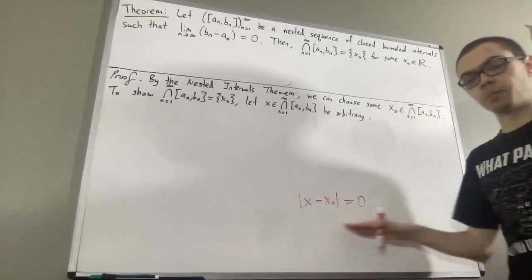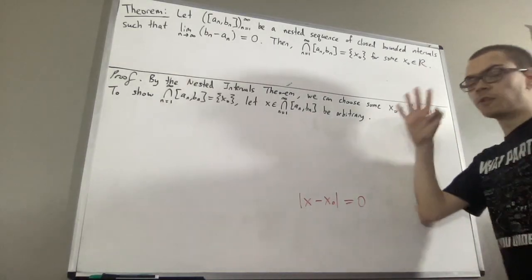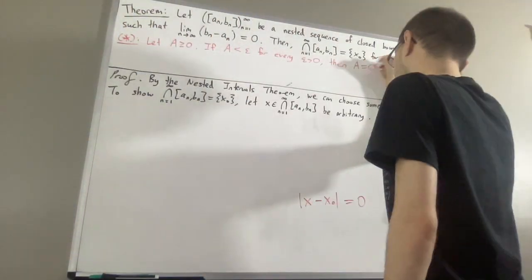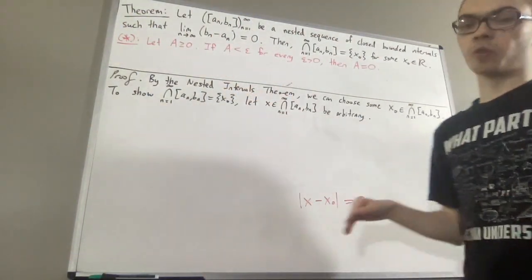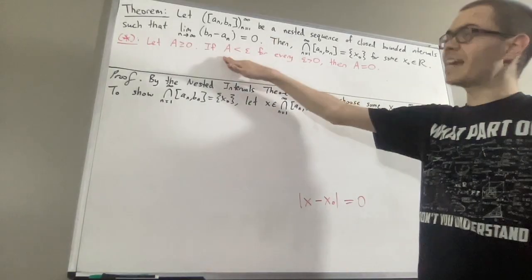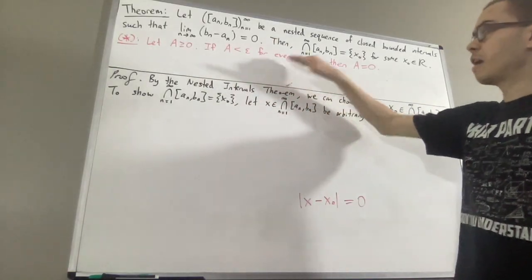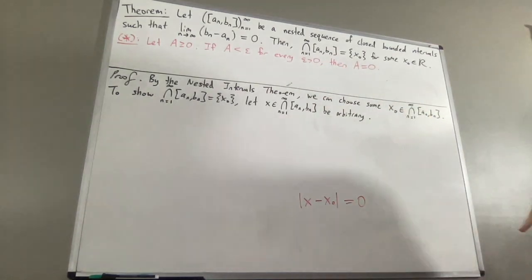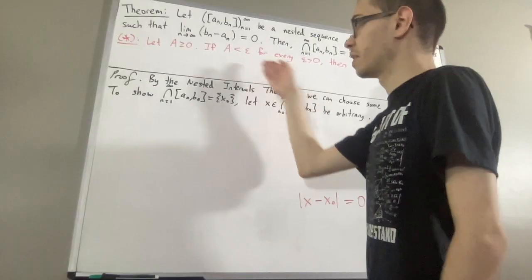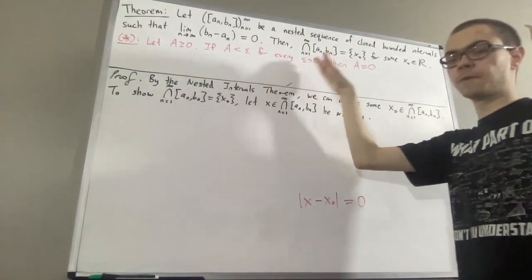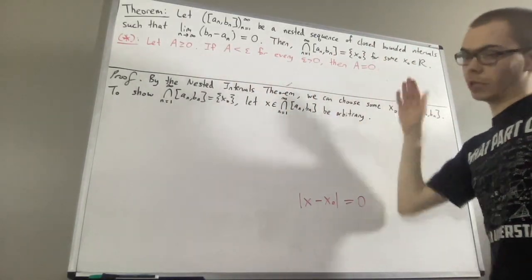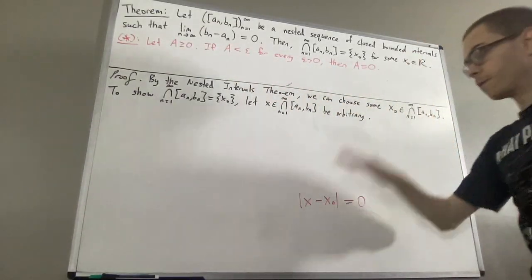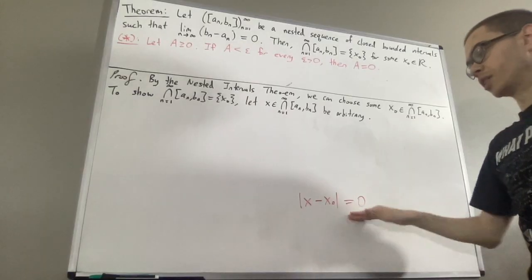Well, to prove a real number is equal to 0, we can use the following fact. Let a be any real number greater than or equal to 0. If a is less than epsilon for every epsilon greater than 0, then a is equal to 0. Or another way of putting this is, if a is less than every positive number, then a must be equal to 0. So, we're going to use this fact to prove the absolute value of x minus x0 is equal to 0.